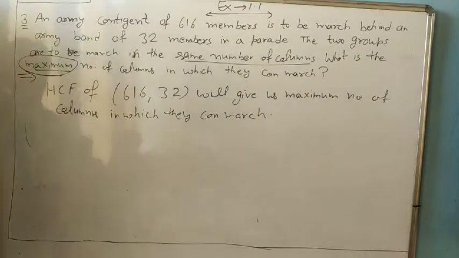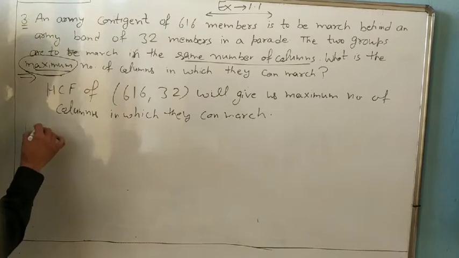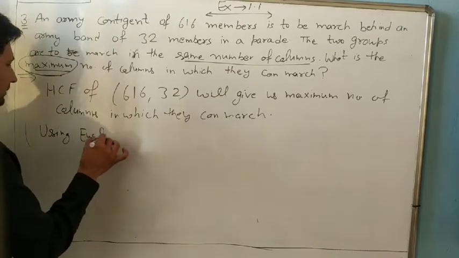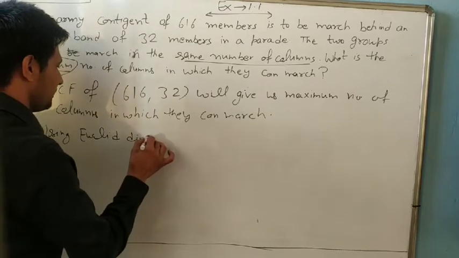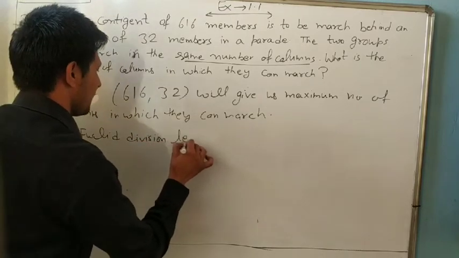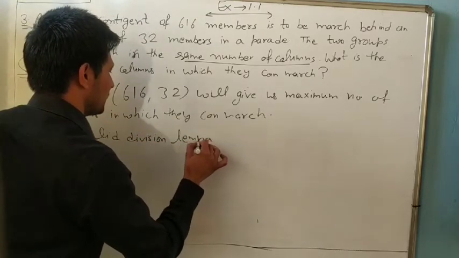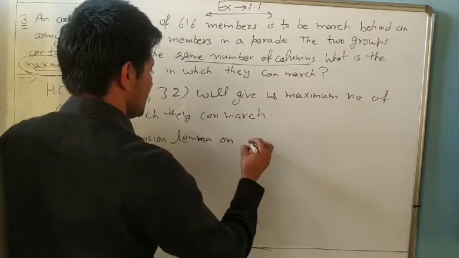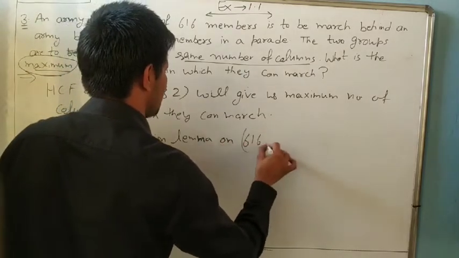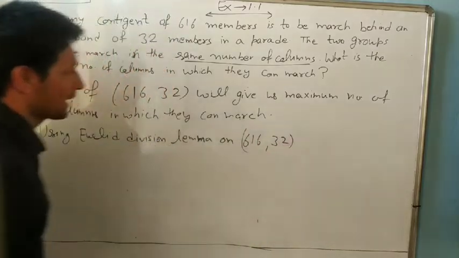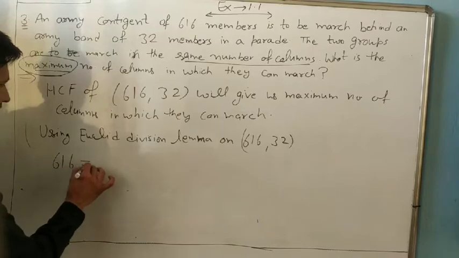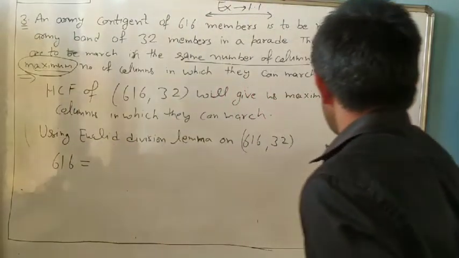Okay, so write: using Euclid's division lemma on 616 and 32. So what will we write? The greater number we write first: 616 equals, if you don't know, then divide it.